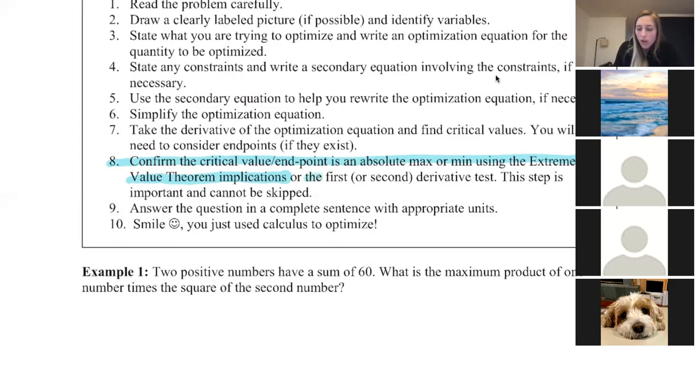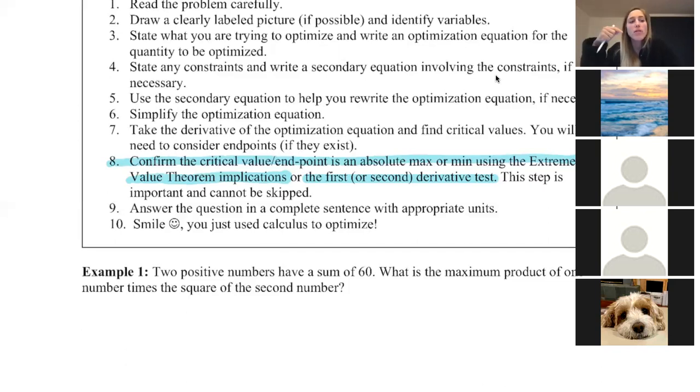Or you can use the first or the second derivative test, which remember is for local extrema, but based on the constraints of the problem, you're allowed to just use the first or the second derivative test.